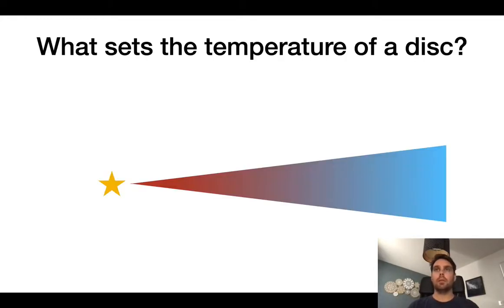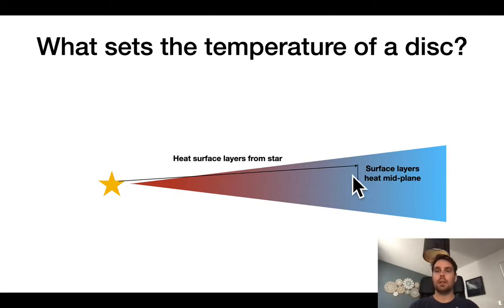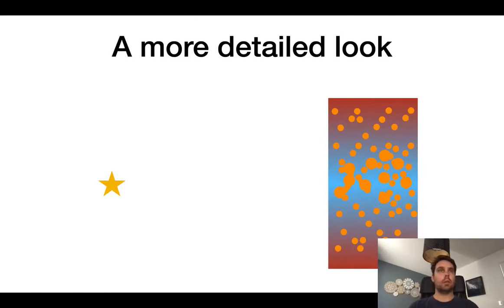So as a bit of revision, we're going to go back and remind ourselves what sets the temperature of the disk. So we have our star, which heats the surface layers of the disk, and this reprocessed stellar radiation then heats the midplane of the disk. So if we zoom in a little bit and consider what's going on in more detail, we have our stellar photons coming in, and they're being absorbed by small dust particles in the surface layers of these disks.